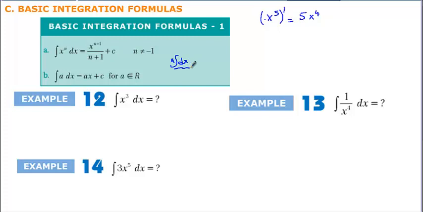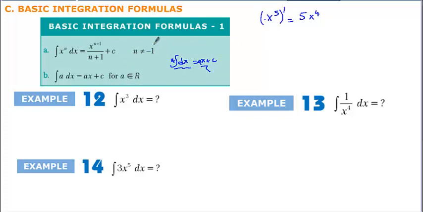Then the integral of dx, if you remember, is equal to x plus c. The a is written in front of the x. There is no importance to multiplying c by a, because c is one constant term. Whether you multiply by a or not, it's not going to change. That's why the integral is going to be equal to ax plus c.